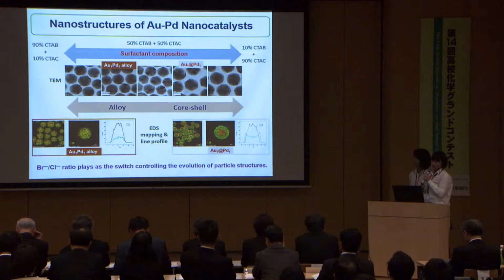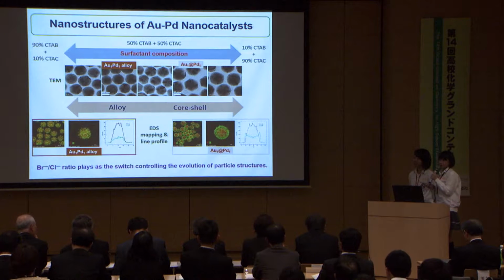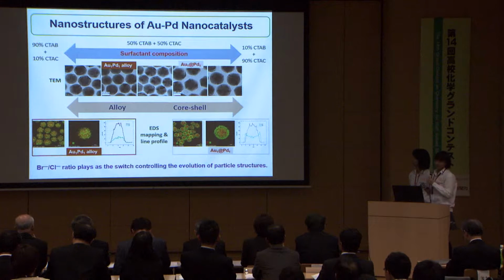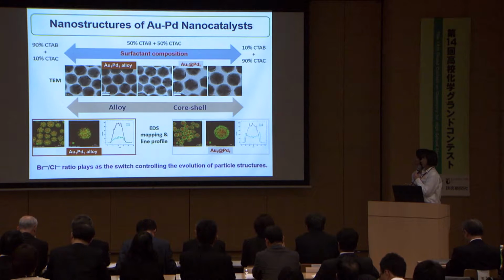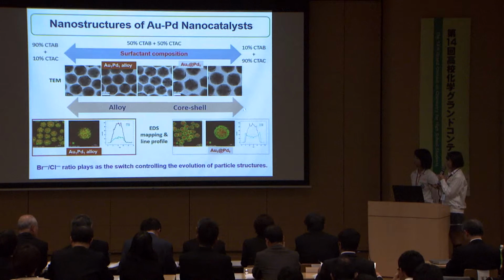In addition to the experiments, we also change the ratios of Au and Pd in the icosahedron and core-shell cases. We can find the icosahedron structure remains in different compositions. However, in the core-shell structure, the Pd shell will increase with increasing Pd content.